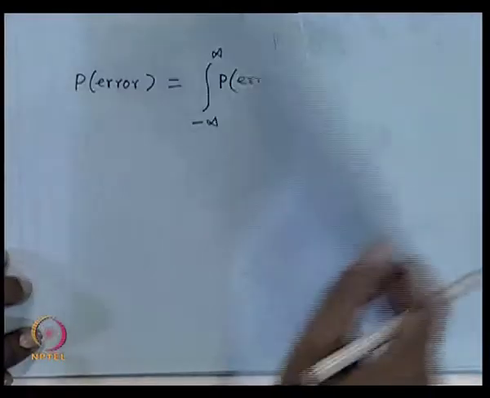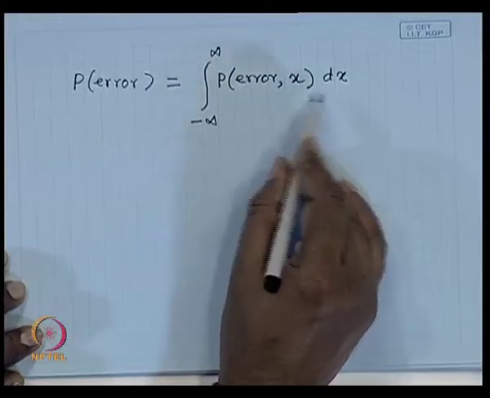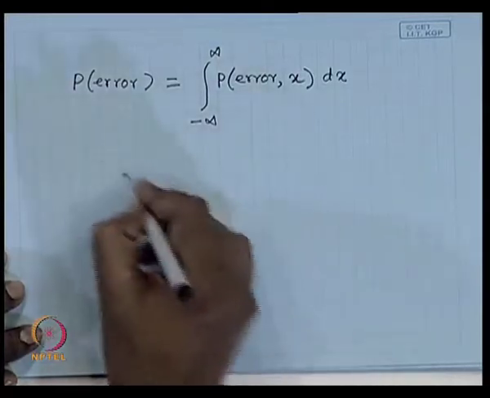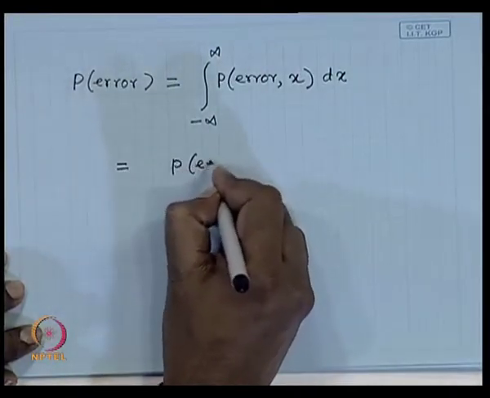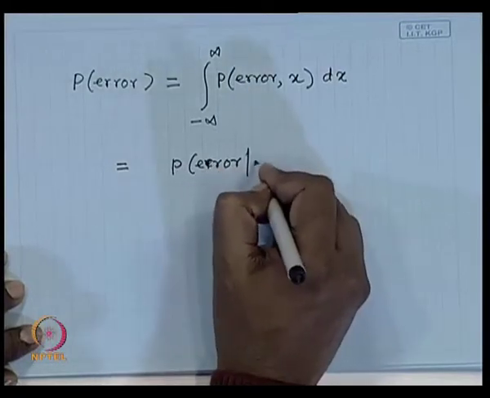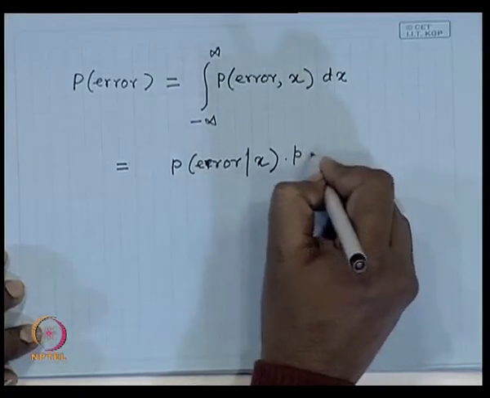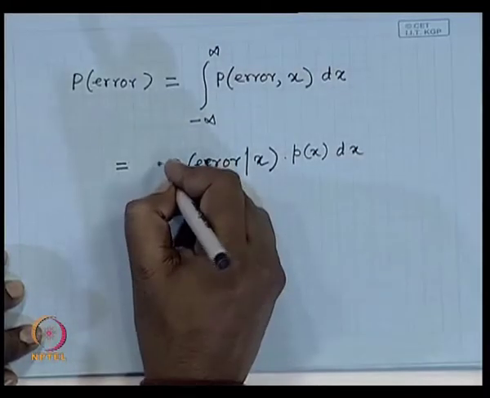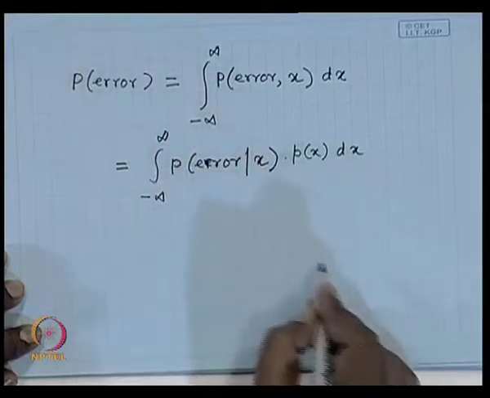Okay. So, the total error p error will be given by the integral from minus infinity to plus infinity of the joint probability p error given x dx, which is nothing but the integral of p error conditional on x, p error given x into p x dx, from minus infinity to plus infinity.